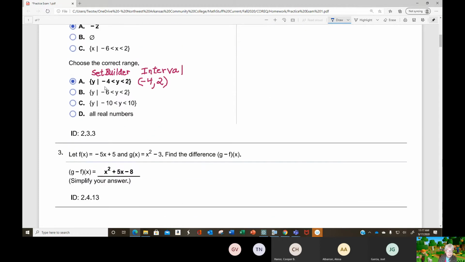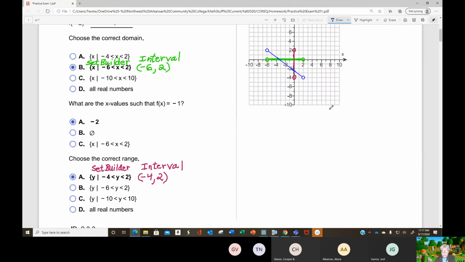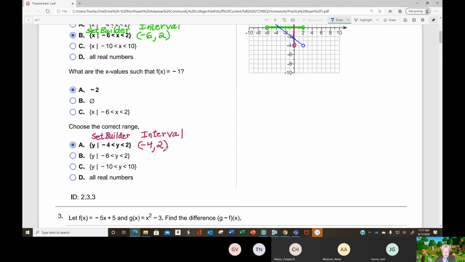So in set builder notation, you would have all y such that y is between -4 and 2, but doesn't equal -4 and 2. And in interval notation, you would have parenthesis -4, comma 2, parenthesis, because parentheses means y cannot equal 2, y cannot equal -4.